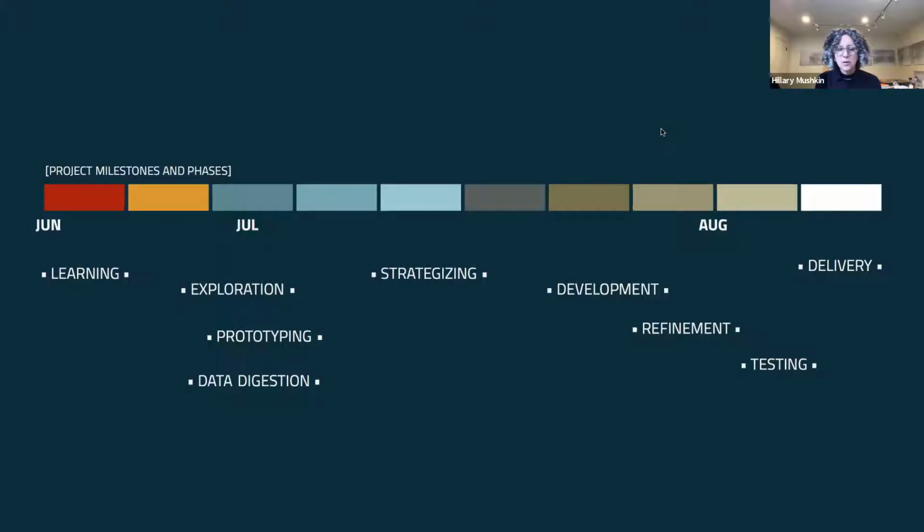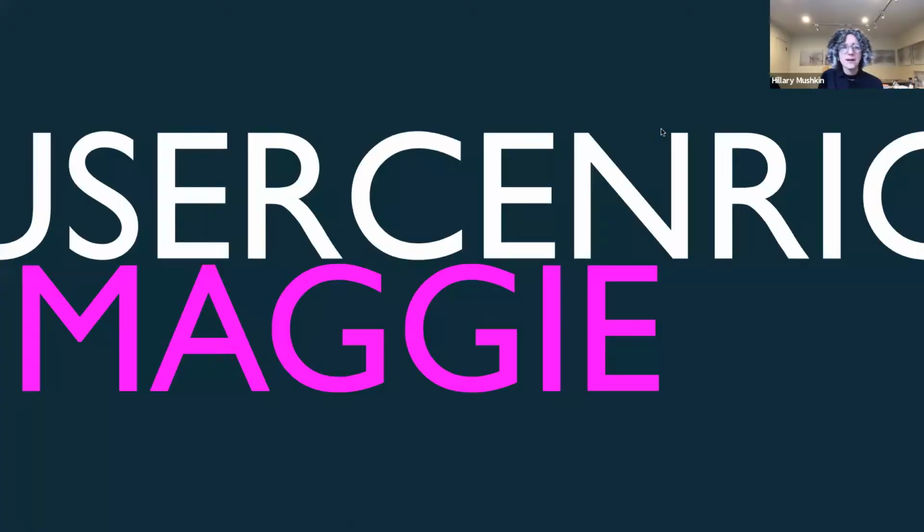Towards the middle of the summer, we start to nail down a particular idea for what is going to be developed. The development happens thereafter, refining and testing until we deliver a prototype that is actually working and that our research teams can use and do use thereafter. So I'm going to pass it off to Maggie now to tell you a little bit more about the design process.